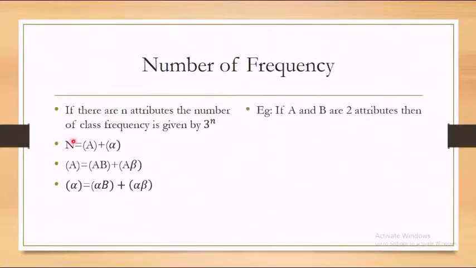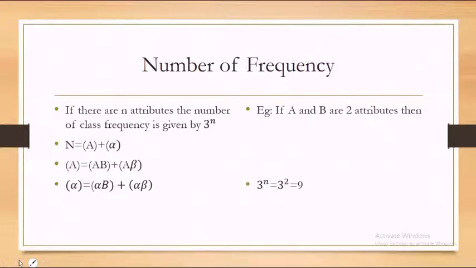For the time being, you don't have to look at these three formulas. Just have a look at this sentence and connect it with your example over here. If there are n attributes, the number of class frequencies is given by 3 raised to n. For example, if A and B are two attributes, then what is your n in this formula?